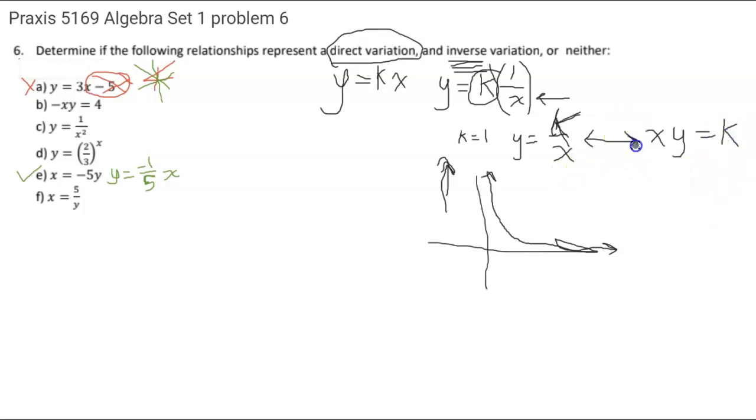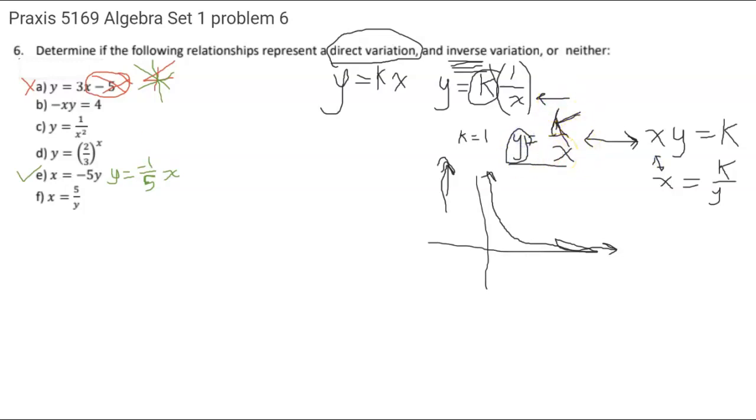And of course, you could divide by y and get x equals k over y. So anything that looks like any of those is going to be an inverse relationship. The basic one we can aim for is, if you want to solve for y, you better have k over x.